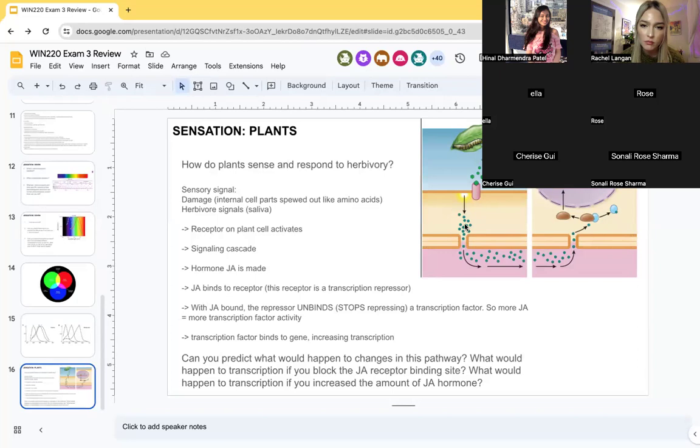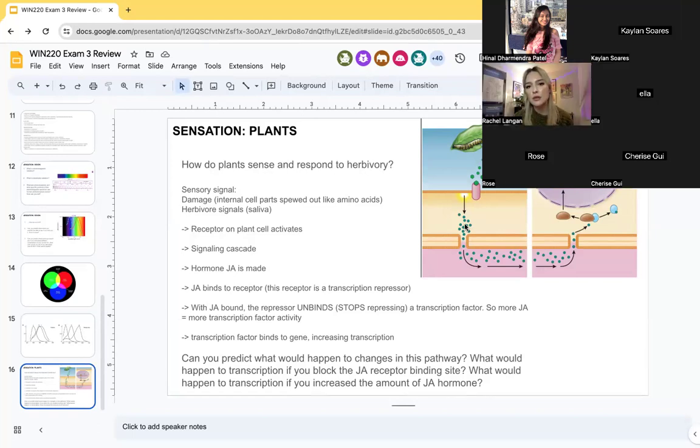Electrical signals travel through the plasmodesmata as well? Electrical signals do too, yeah. Hormones do, and hormones can also travel even further by going into the phloem.